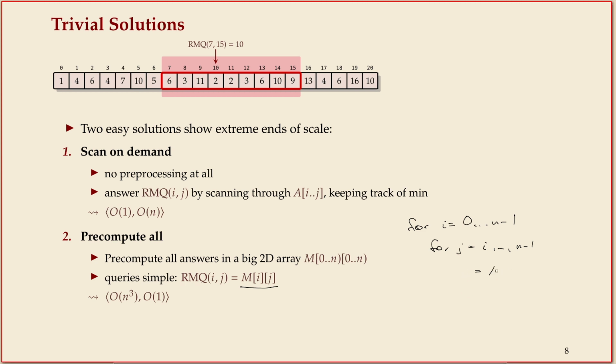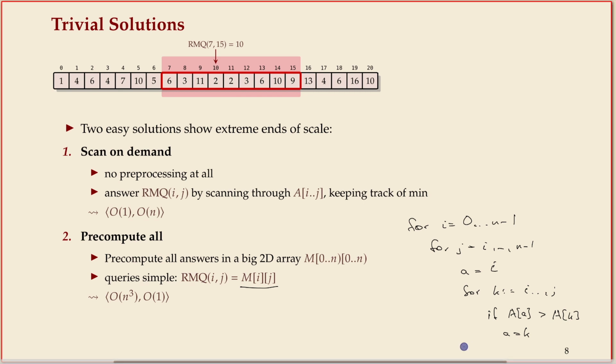I probably want to remember the position rather, which is i. And then we do a loop for k from i to j. And if my previous minimum is no longer the minimum, so if I compare it with a[k], and a[k] is strictly smaller, then I update my entry.